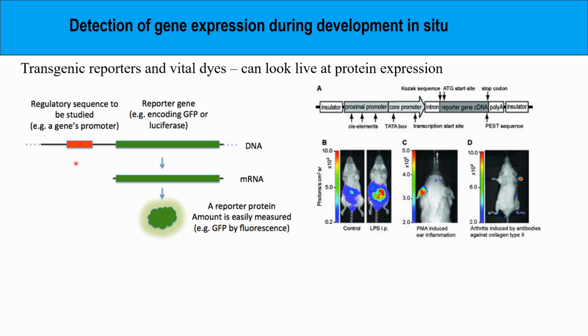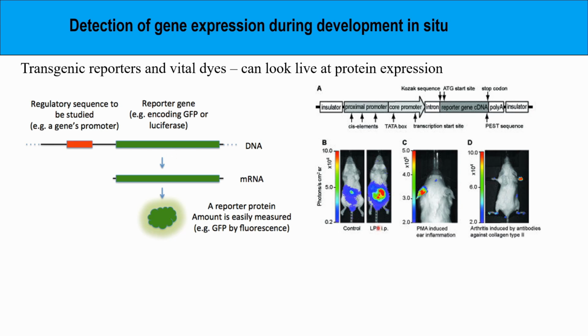We can then also perform tagging on genes at their locus in the animal. Here I've talked about making a construct and putting it into the animal, but we can actually use a construct that inserts the GFP into a gene of interest, and then we can see how the GFP-tagged gene or protein is expressed live during development.